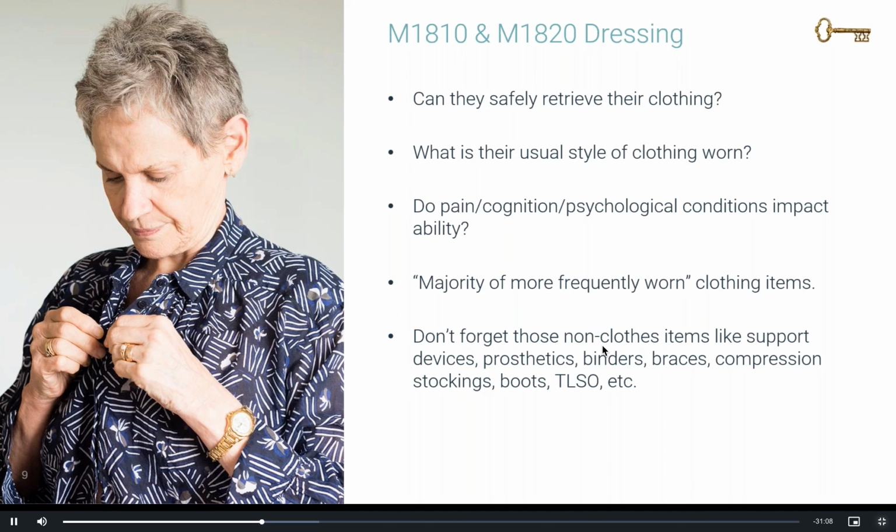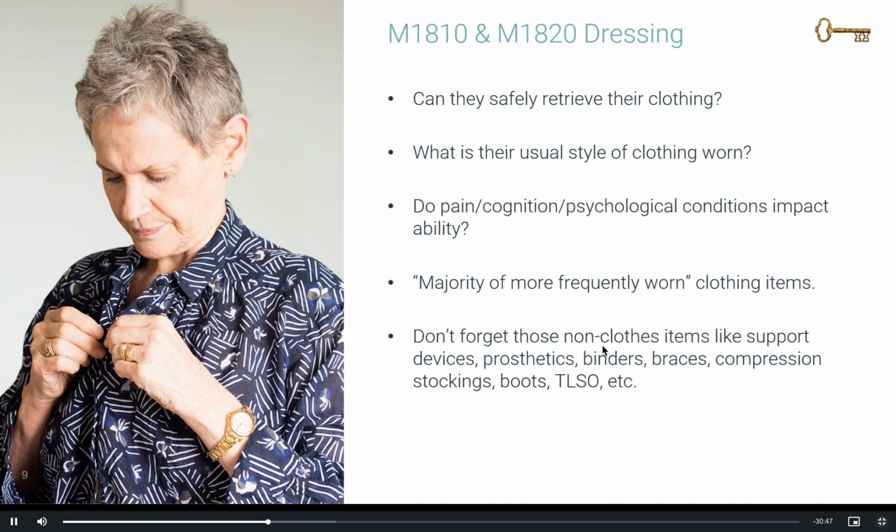She's thinking about going and buying a coat that's 2 sizes bigger so that she can put her coat on more easily. So those are not her usual styles of clothing. So I would want to still be answering based on how much help she needs with what she would normally wear. Pain, cognition, psychological conditions, all of those things could impact dressing, so factor those in too.